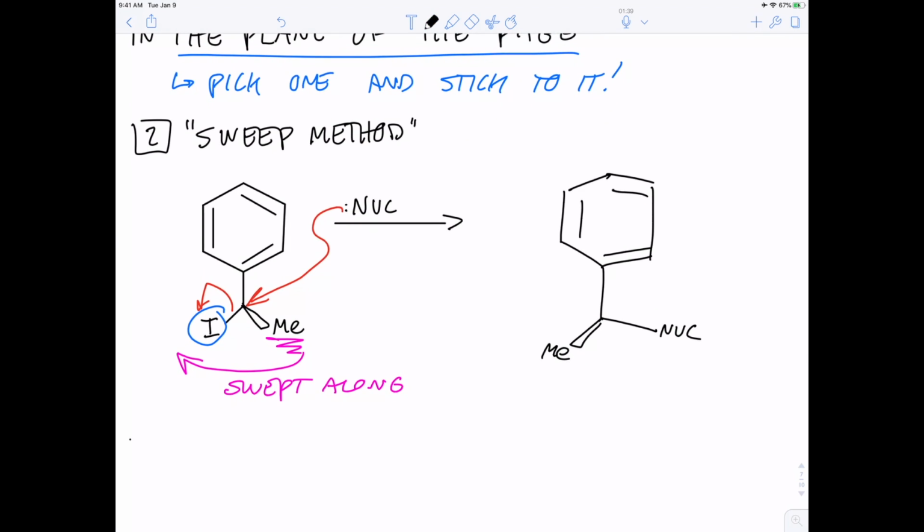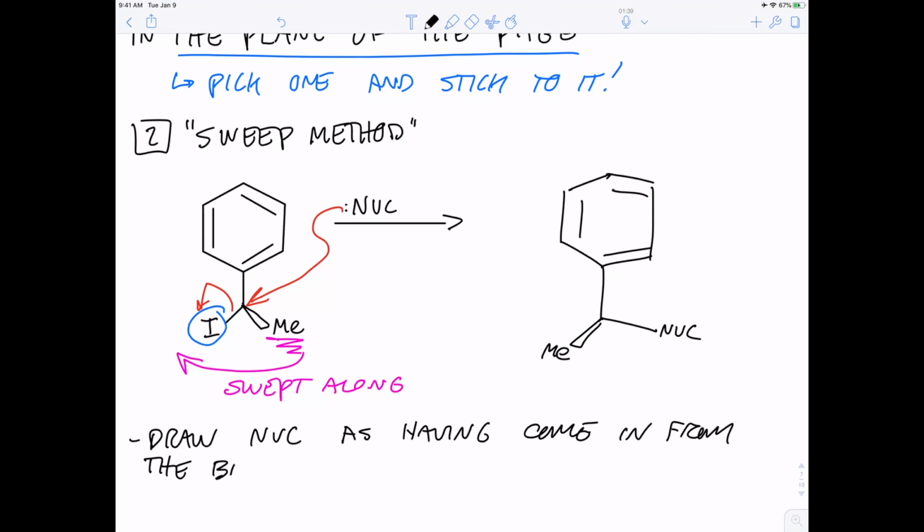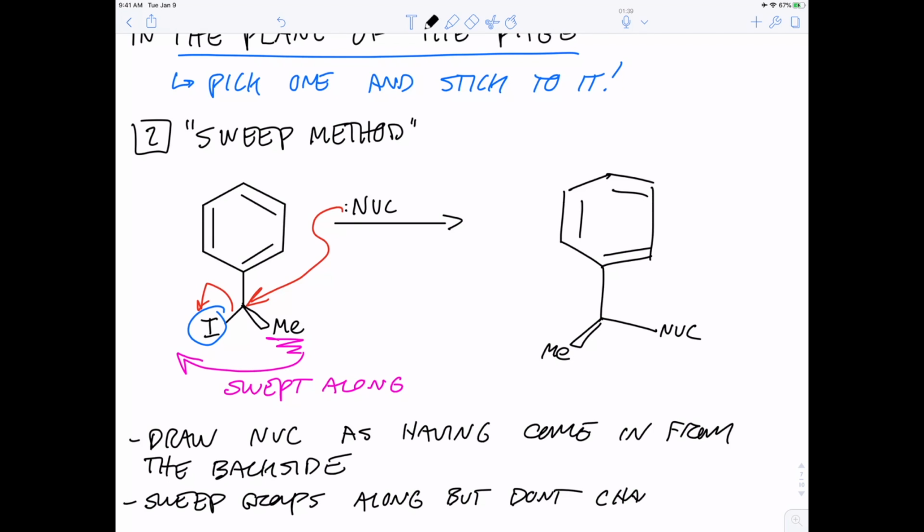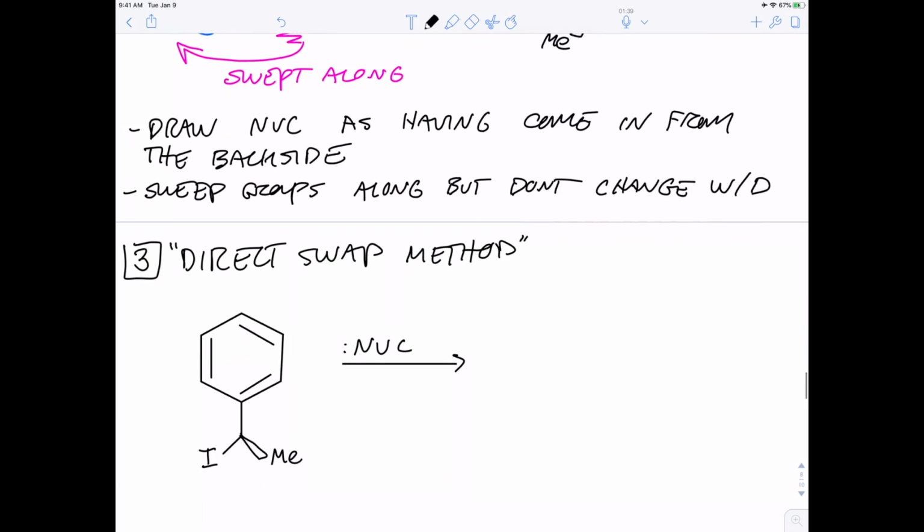So for the sweep method, you have your nucleophile drawn in as though it came from basically 180 degrees away from our leaving group. And then you just move the other groups along so that you have a nice drawing. But you do not change the wedge or the dash at all. So that's the sweep method.